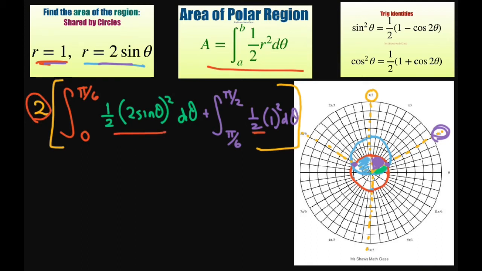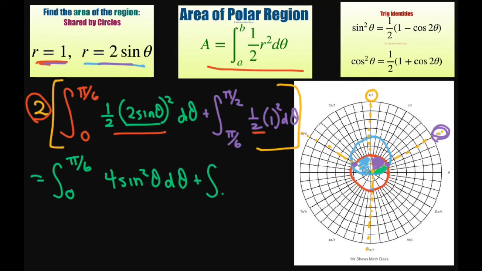So now we get the integral from 0 to pi divided by 6 of 4 sine squared of theta d theta, plus the integral from pi divided by 6 to pi divided by 2 of 1 d theta.